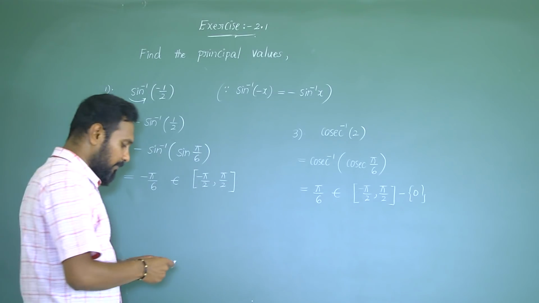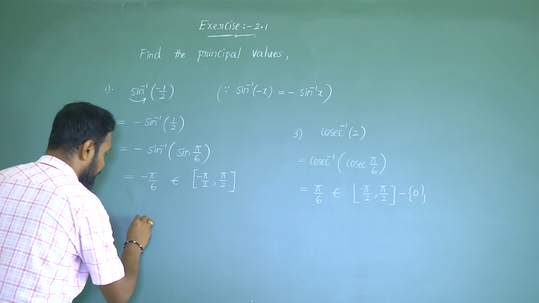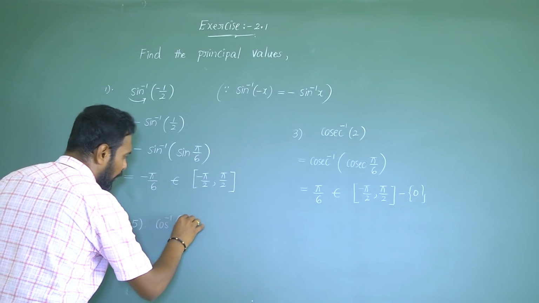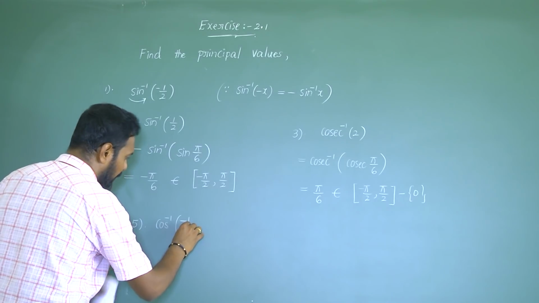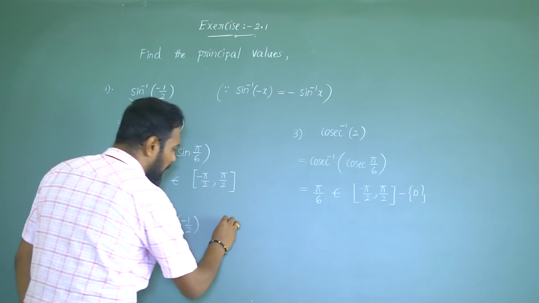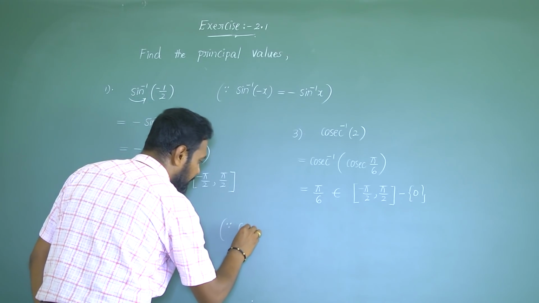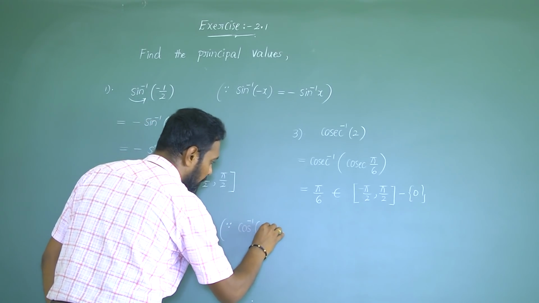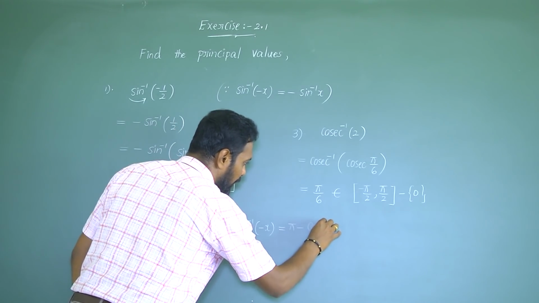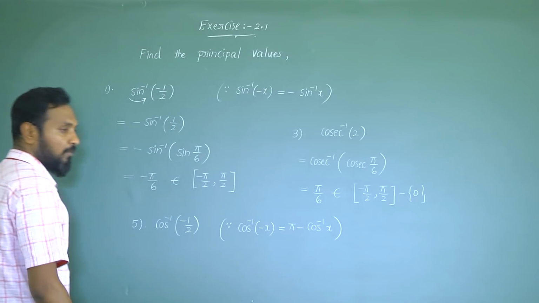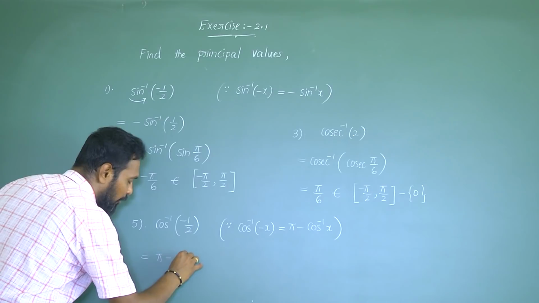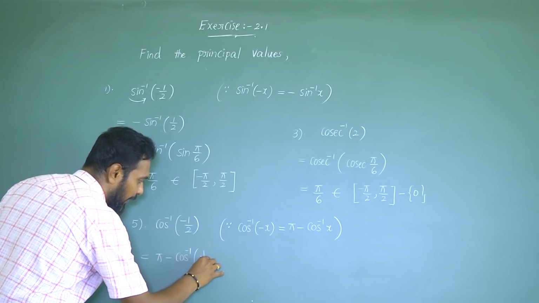So that the fifth one, cos inverse of minus 1 by 2. Cos inverse of minus x formula is pi minus cos inverse x, so that it is pi minus cos inverse 1 by 2.